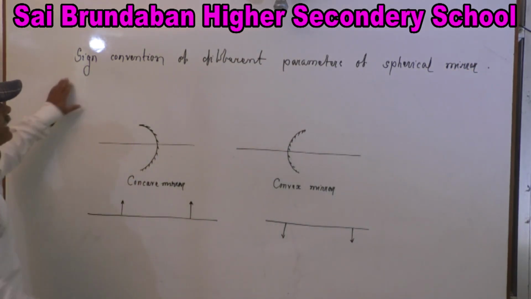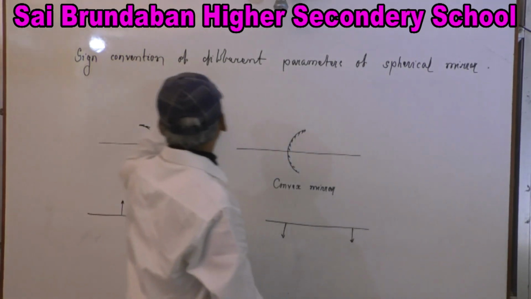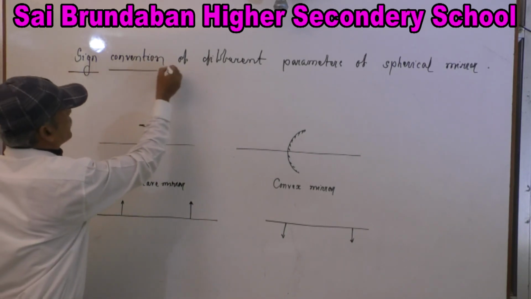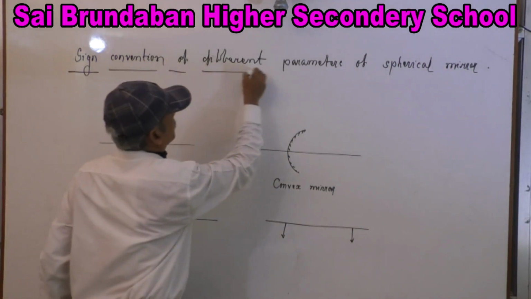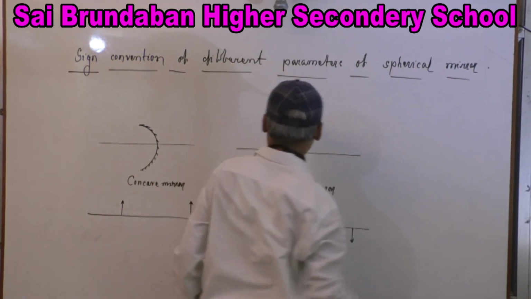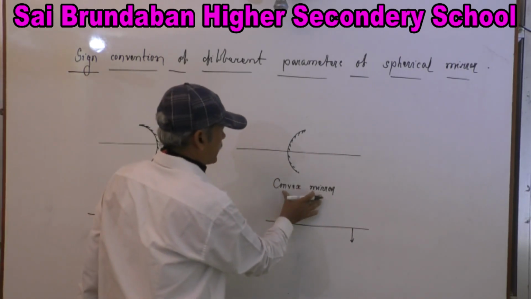Sign convention of different parameters of spherical mirror. Here is one concave mirror, here is a convex mirror.